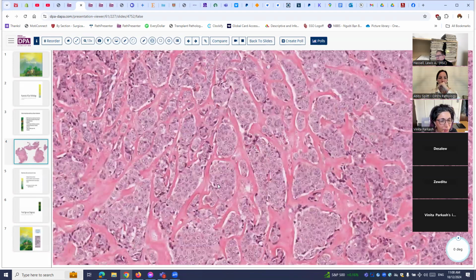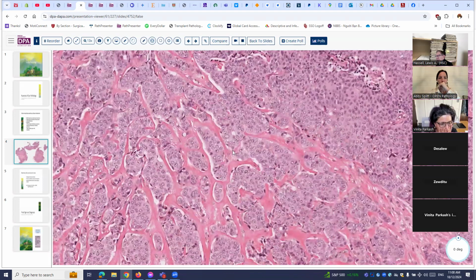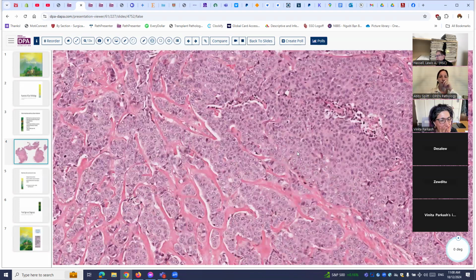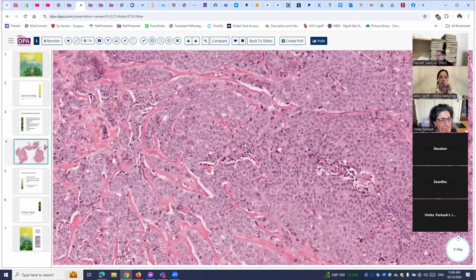So how would you describe the architecture? I couldn't appreciate the higher power view. Is it forming glands or sheets, nests, or cords?